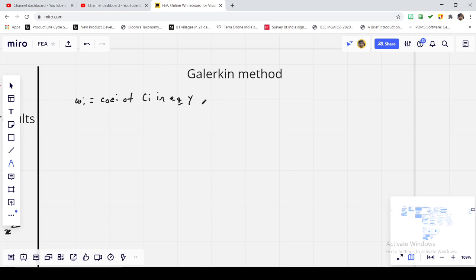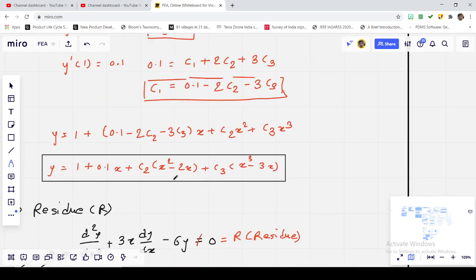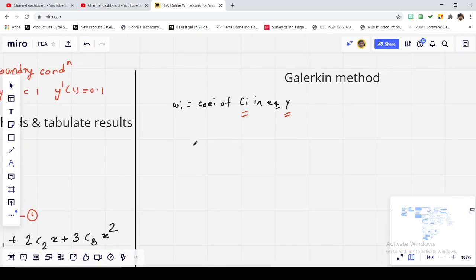So what we have to do is go to equation y and check the coefficients of C in equation y. So let us try to understand this. This is my y equation, and I am interested in these coefficients of constants. In this case there will be two W because we are solving for two unknowns.